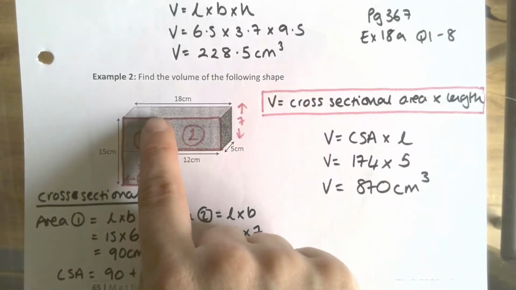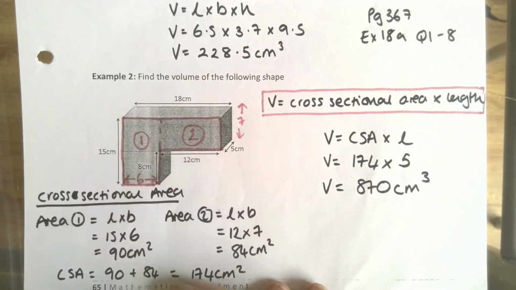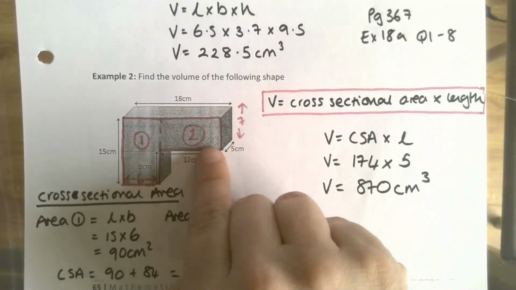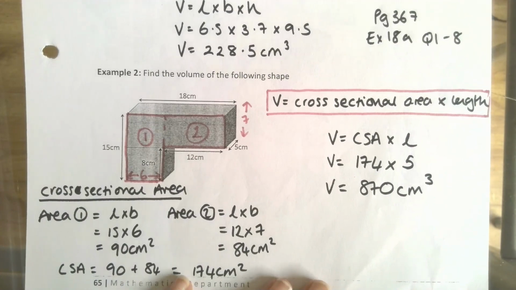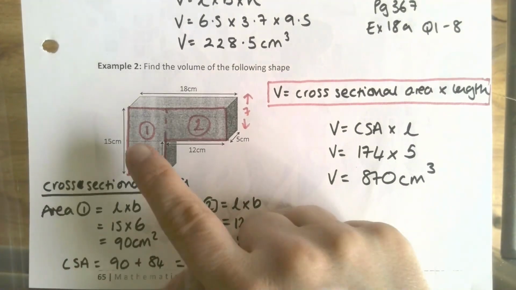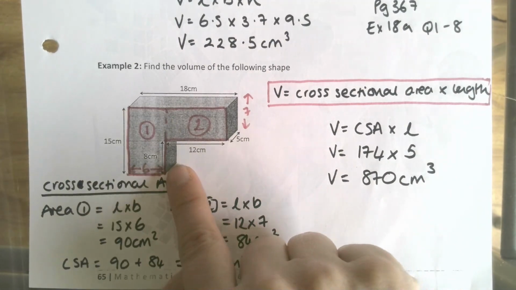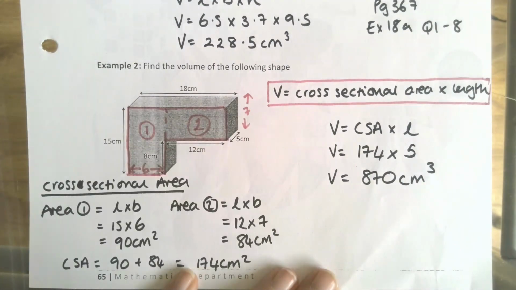So what I did here was forget at the start about the fact that it is a 3D shape, and I just worked out this area as if it was a 2D shape, because we can all do that, no bother. I split it into 2 rectangles this way, you can see how I've done it. And any missing dimensions we had to figure out as we went.